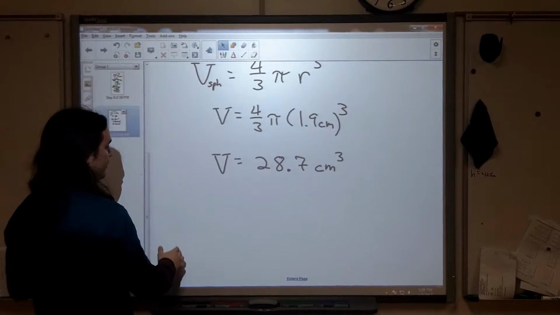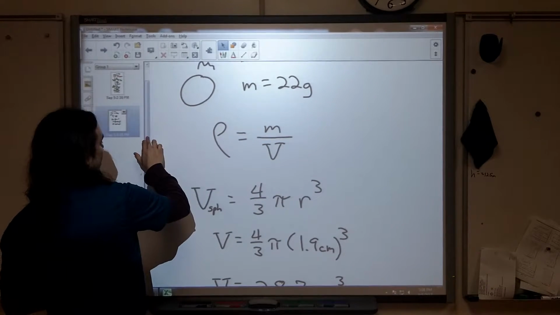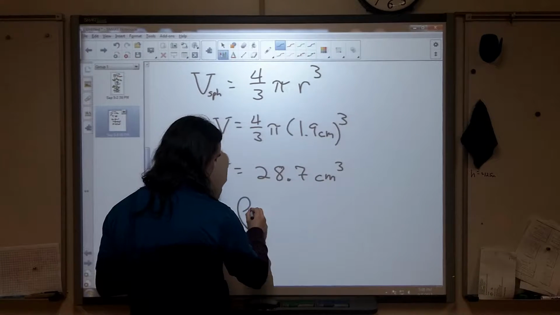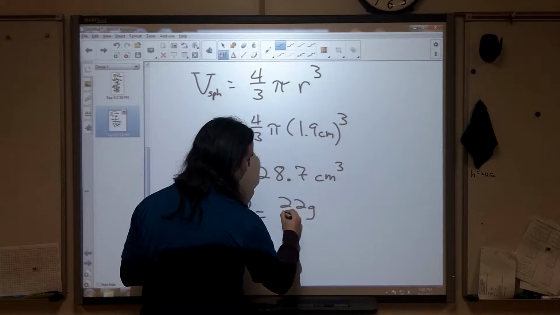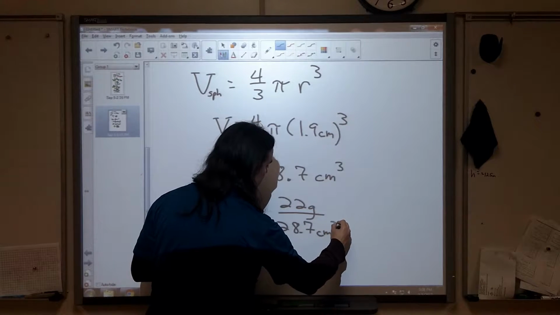Great. Now we've got the volume, we can take it and the mass. The mass was 22 grams, and we now know that the volume is 28.7. So if I want to set up for my density, I'll have 22 grams divided by 28.7 cubic centimeters.